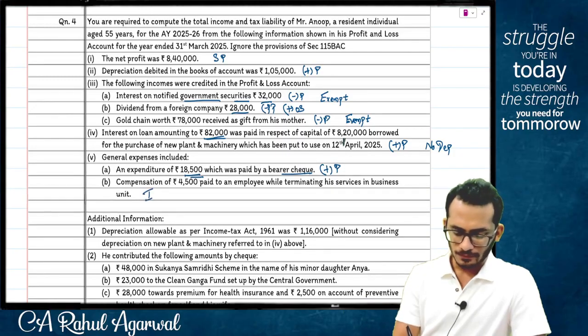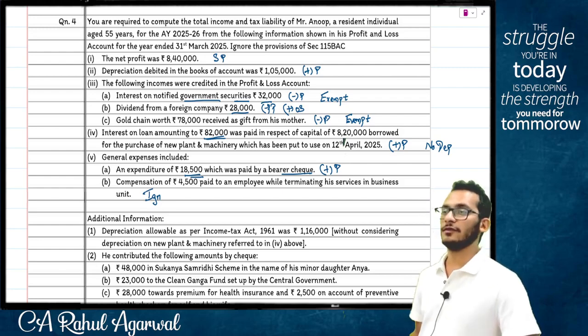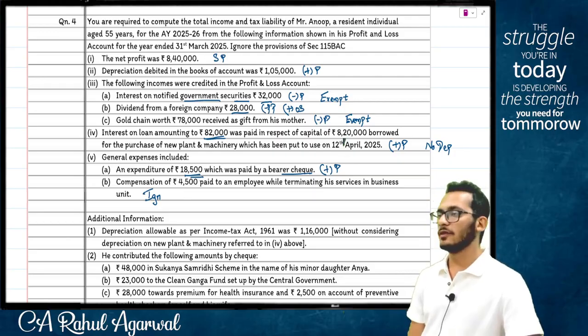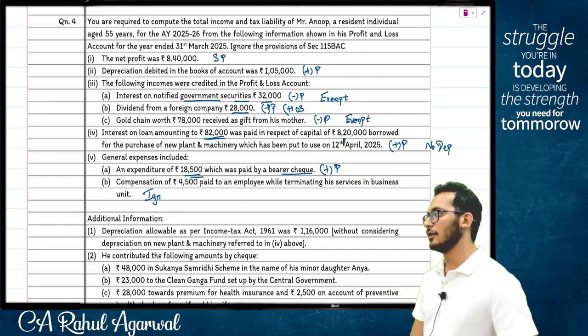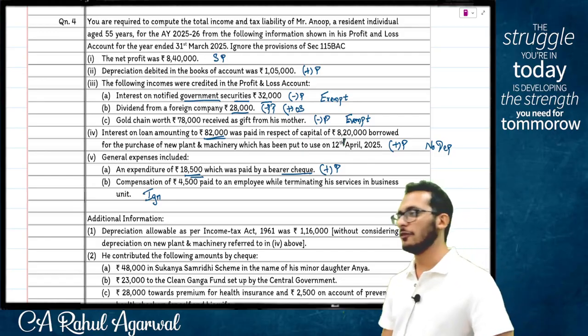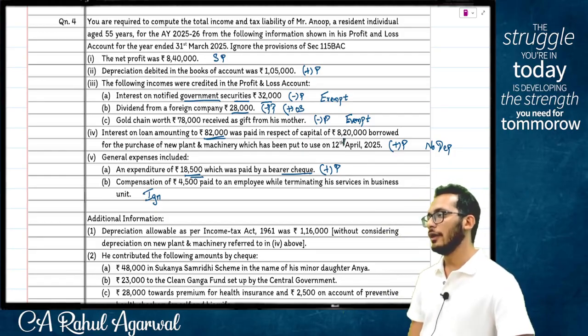Therefore, no problem here. Unless the question would have shown voluntary retirement compensation, I would have disallowed 4/5 of it because 1/5 is anyway claimable. So watch out for whether it's VRS or not.